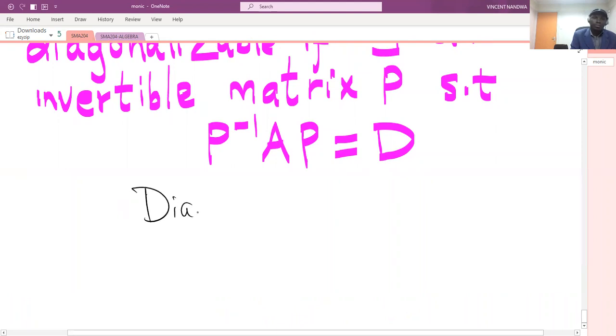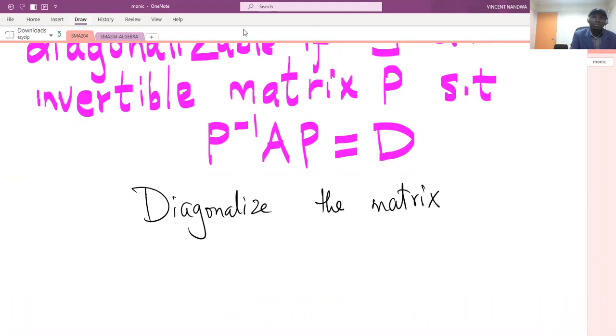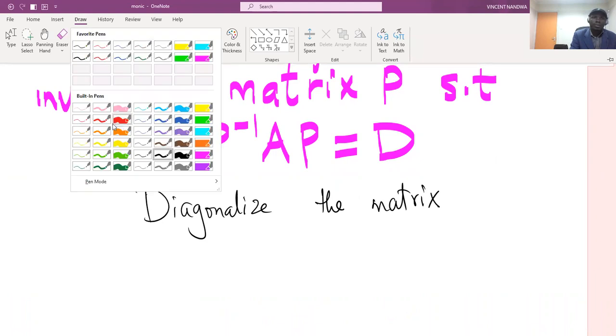Diagonalize the matrix. Actually, let me call this one an appetizer because it is a simple example.